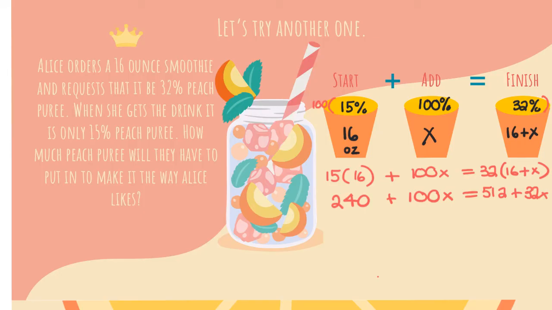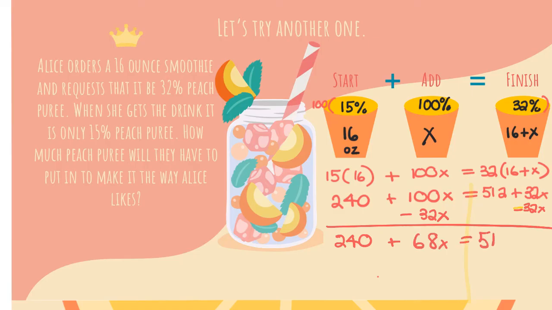I'm not nervous about that. I'm just going to quickly move the lower variable to the other side first. Minus 32x, which gives me 240. So I don't make a mistake in the arithmetic, plus 68x equals 512.